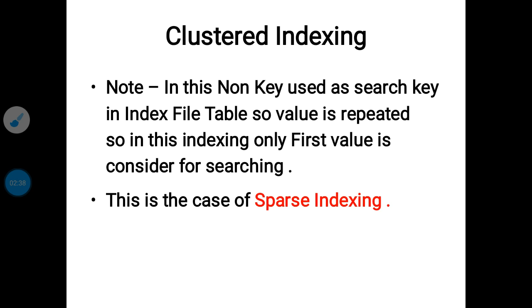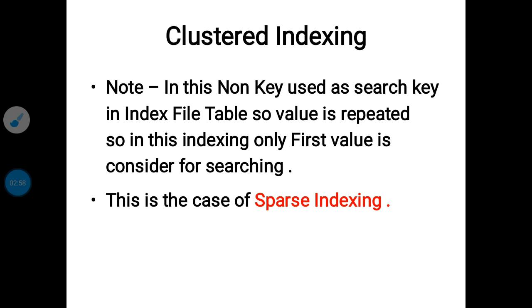Cluster indexing is also considered a very good example of sparse indexing. We already know that there are two categories: sparse indexing and dense indexing. Dense indexing means all of the data, and sparse indexing means some of the data.